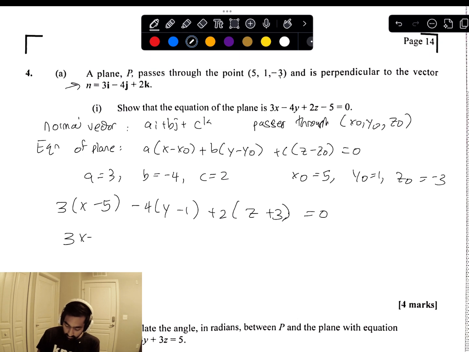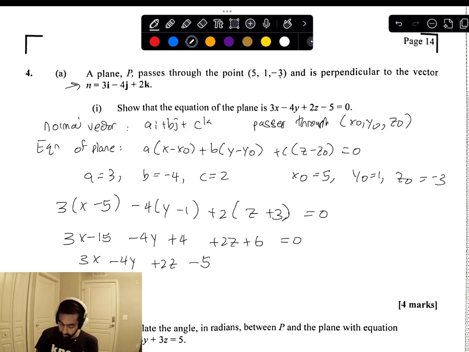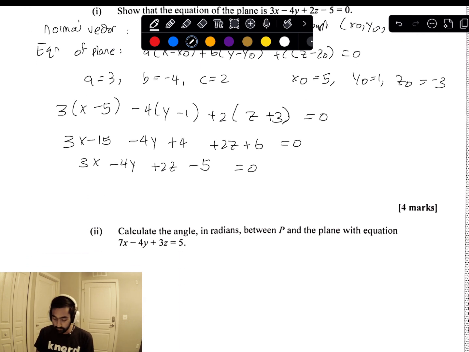Now if I expand, 3x - 15 - 4y + 4 + 2z + 6 = 0, or 3x - 4y + 2z - 5 = 0, and that's the same thing that they asked us to show.